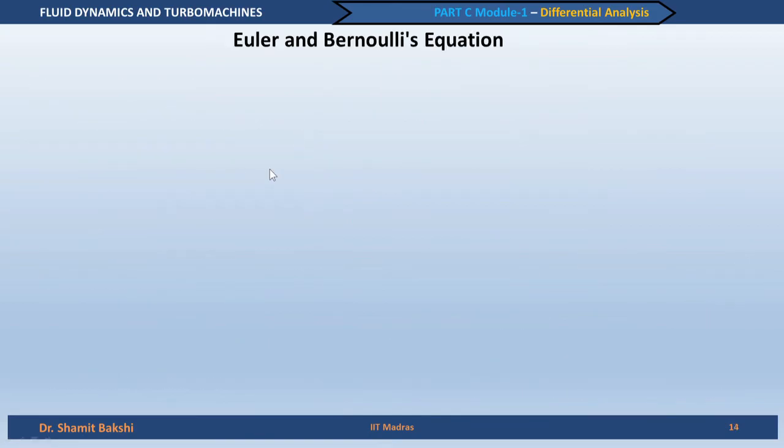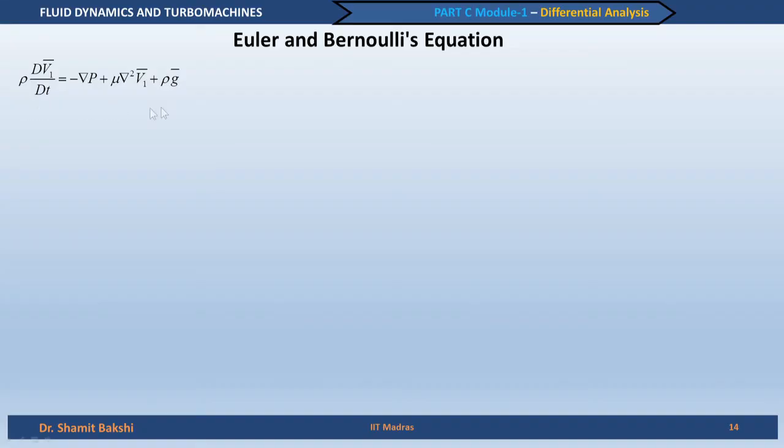Another aspect of the differential equations which we have derived in the beginning of this week is the special form of these equations in a little simplified condition. First, we have seen that this is basically in vector form, the Navier-Stokes equation.